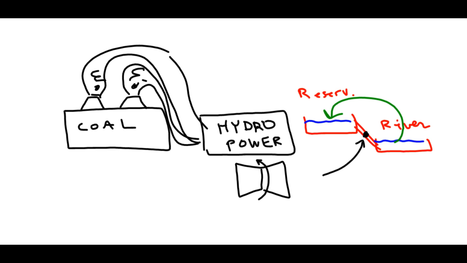So we use the heat from the coal plant to replenish our supply of reservoir water. And in that way, we allow ourselves to produce extra electricity. So we capture the otherwise lost heat energy from the coal plant.